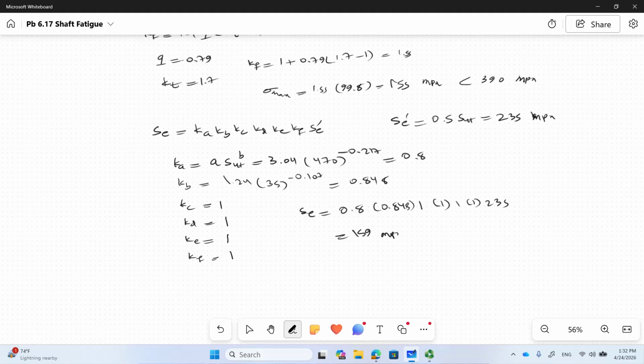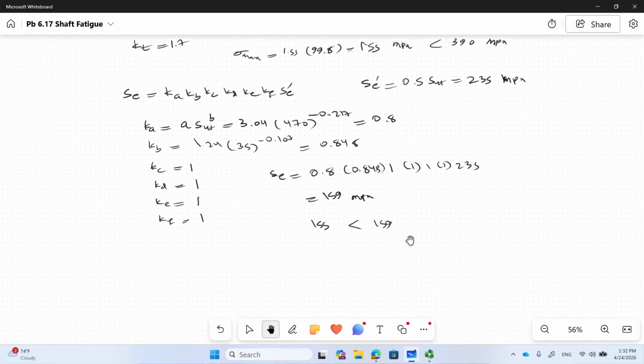So our stress is 155, right? Endurance limit 159. This is less than endurance limit, so it means what? We have infinite life. And then we say the factor of safety is 159 divided by 155.